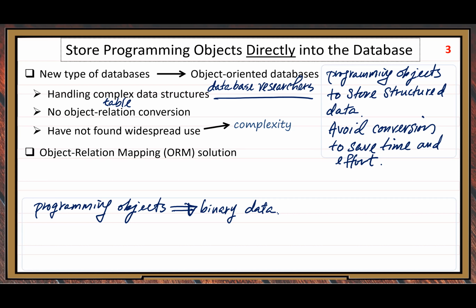That idea is this item called the object relation mapping solution. Add this mapping word. Mapping means here we would like to do the conversion.